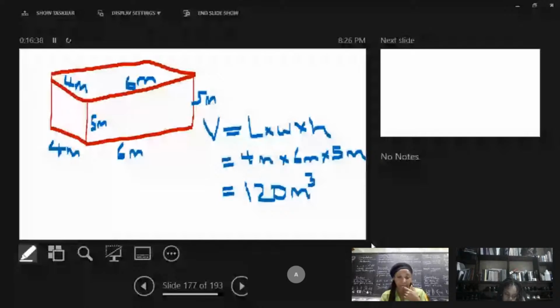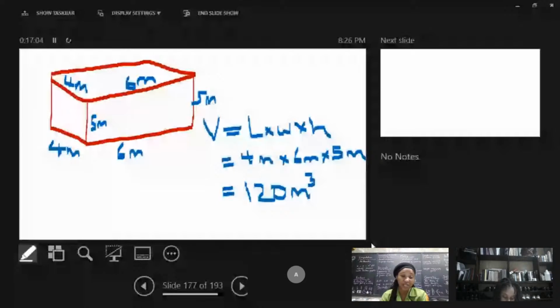Maybe they are necessary for finding the surface area, which is a topic we're going to do after we finish with volume. We're going to look at how to find the surface area of prisms. Now, you would need all the dimensions for that, right?